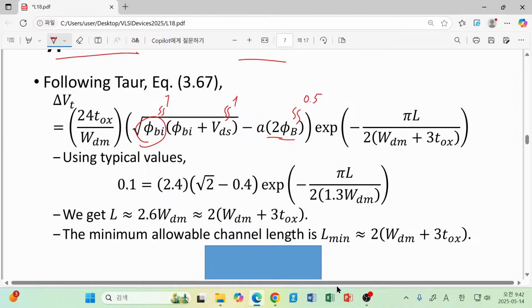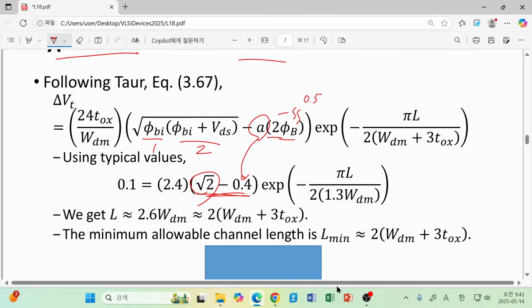By applying those numbers, please try to estimate it. 1, 2. So that's the reason why here we have square root 2. And a is 0.2, and here we have 1. Of course, please note that this is not exact.